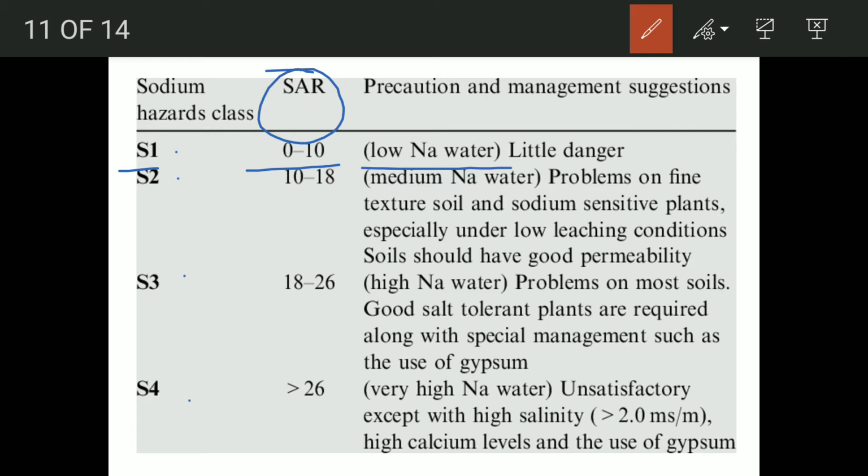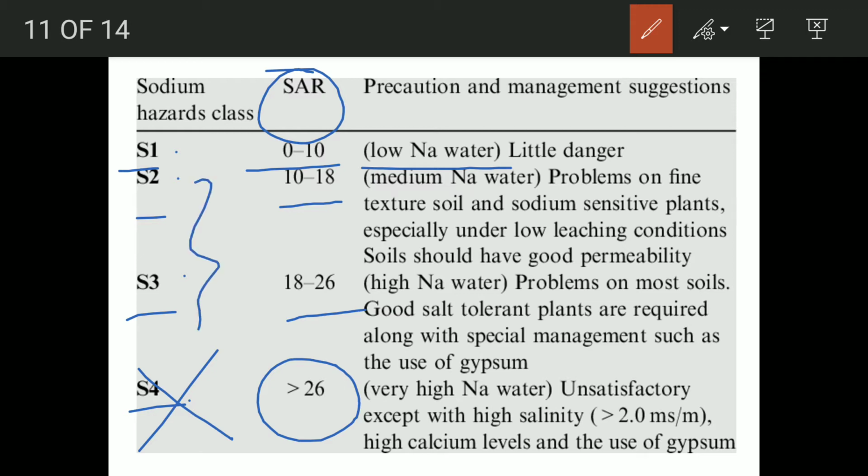Next one is S2, that means 10 to 18 SAR value. S3 is 18 to 26 SAR value. S4 is greater than 26, which is not recommended for irrigation purposes. S2 and S3 can be used, but the recommendation is that proper leaching of the soil should be done.